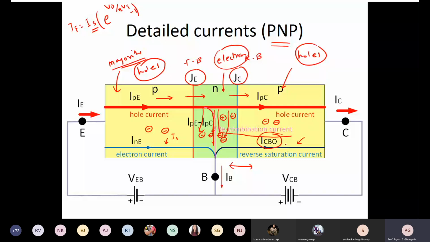Because when I draw a circuit, say if I reverse bias, let me switch to, okay, I'll make this active now.